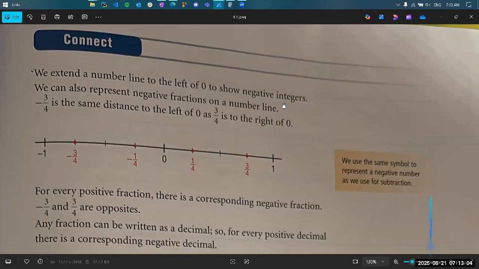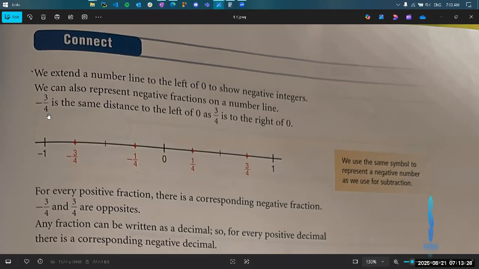So we know these particular things before. We extend the number line to the left, and on the right side, we have positive numbers. We know this particular thing. We can also represent negative fractions on the number line.